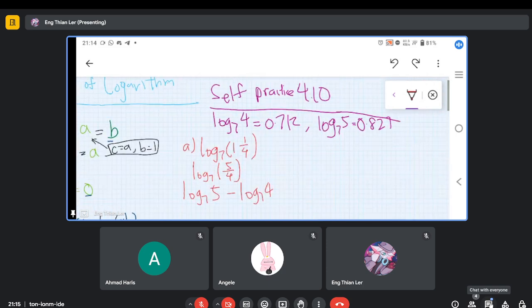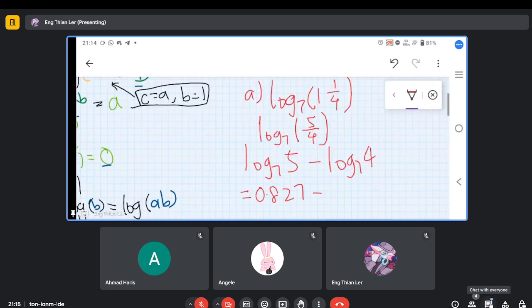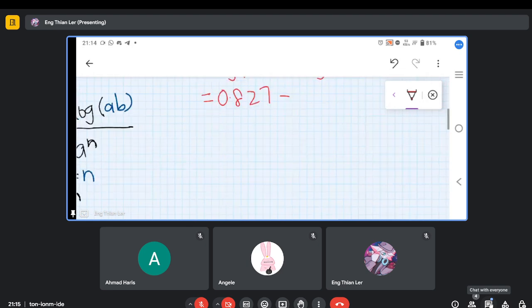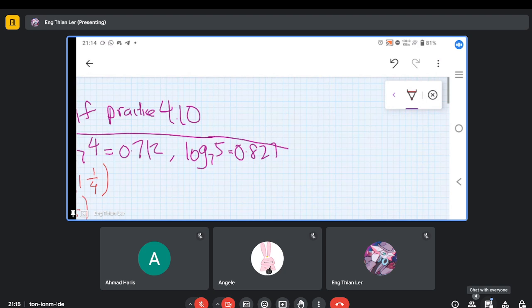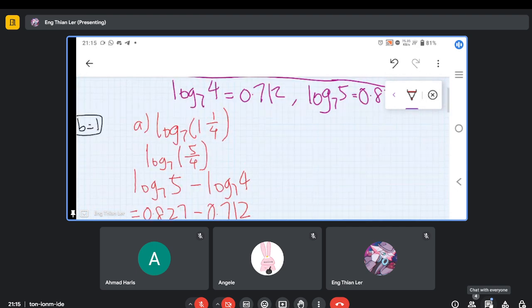It is 0.827 minus 0.712, since log 4 is 0.712. And what do we get? 0.827 minus 0.712. You get 0.115. And this is the answer.